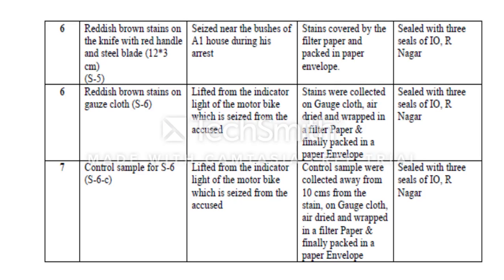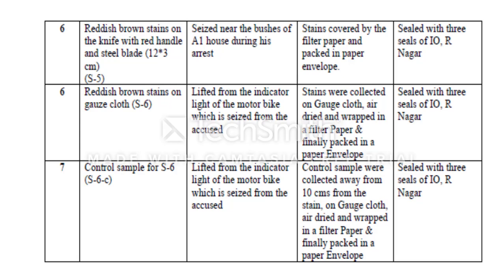Lifted from the indicator light of the motorbike, which is seized from the accused. Now the stains are collected again on gauze cloth by using saline, and since it's moist, it has to be dried and wrapped in filter paper, and finally packed in a paper envelope. The seals remain the same, 3 in number, and they are that of the IO.